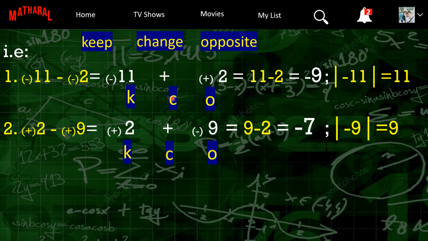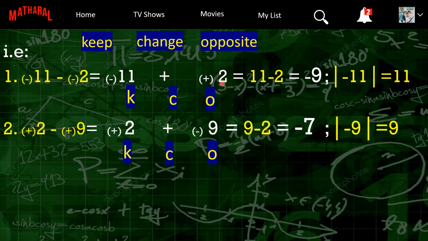And then you have to take the opposite of the last integer. Since it is negative 2, the opposite of negative 2 is positive 2. And then, right after the keep, change, opposite has taken effect, we must proceed on adding the integers.